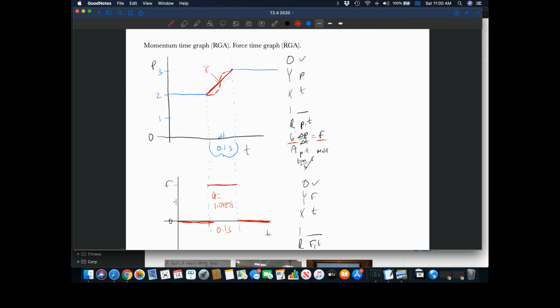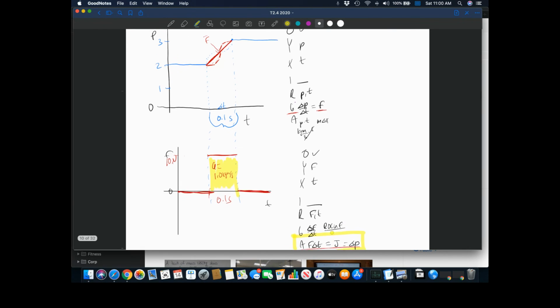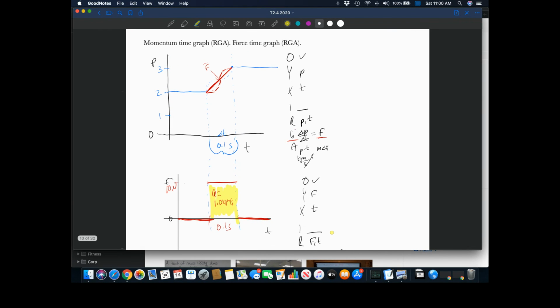And let's see, the force we said was 10 newtons. And we've got 0.1 seconds. So that means that the area of this graph is the impulse. These are two standard graphs. Notice how we use the OIZERGA to pull out very, very important information and the connections between these two graphs.